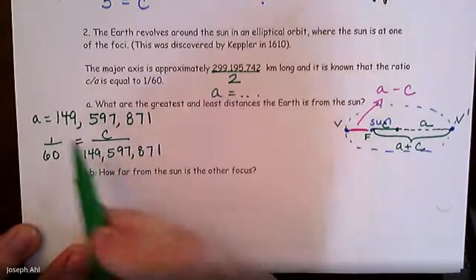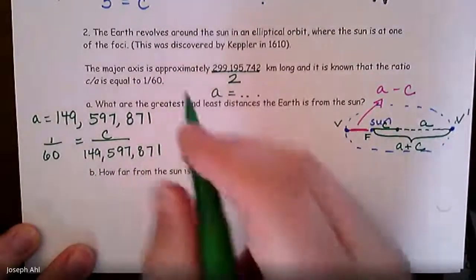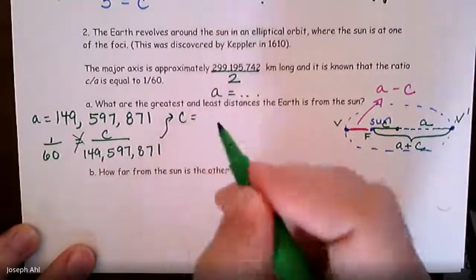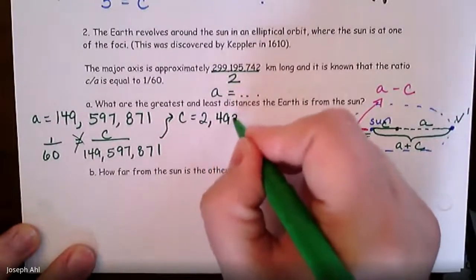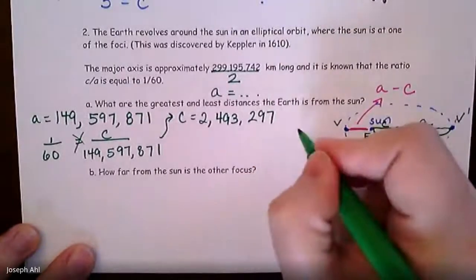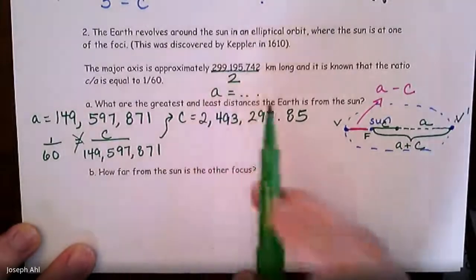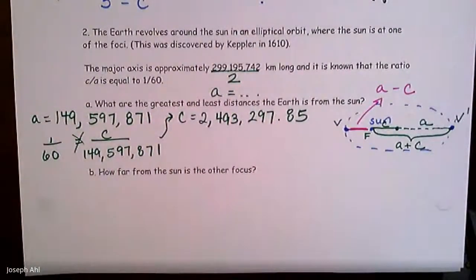You can set up a quick proportion there using that ratio C over A. And if you cross multiply, you're going to find that C is equal to 2,493,297.85 kilometers. Very large numbers here, right? Okay, so now that we have established here the values of A and C, we can get our greatest and least distances.